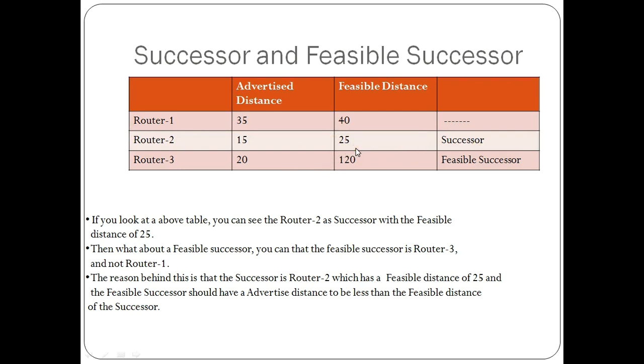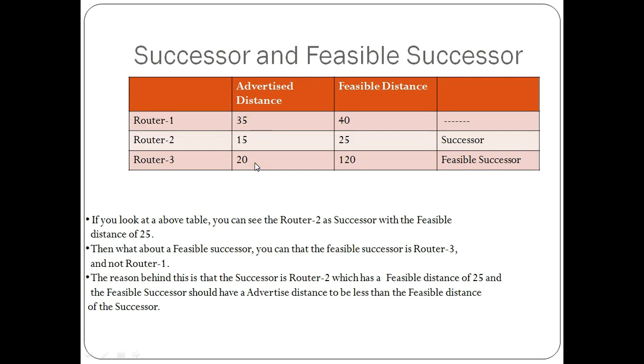That's it. Then look into the advertised distance of the other routers in the table. If you look into the advertised distance of the other routers, it has 35 over here and 20 over here. Any router having a value less than 25 is said to be a feasible successor. So here is 35, it's greater.